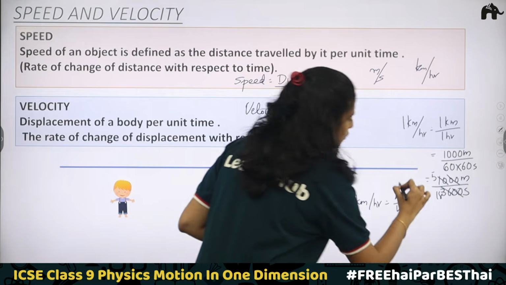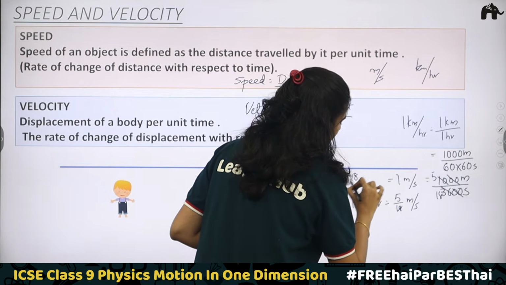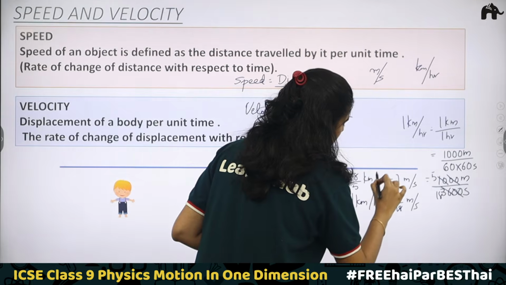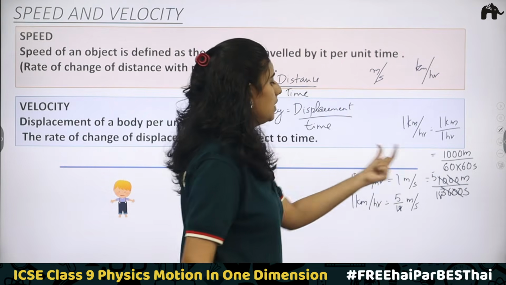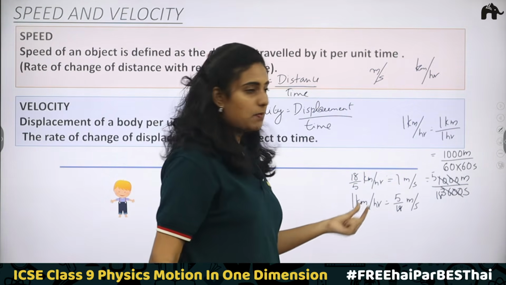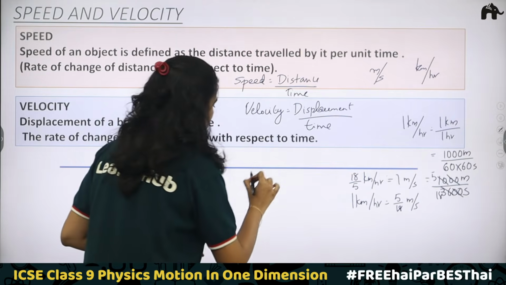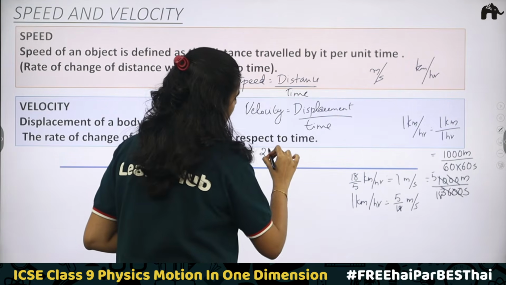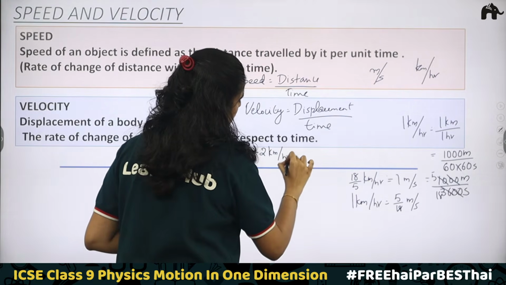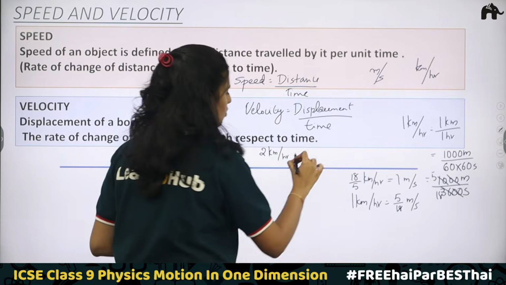So here you will be having 1 meter per second, and here you will be having 18 by 5 kilometer per hour. If you are asked to convert meter per second to kilometer per hour, you have to multiply with 18 by 5. Okay. So if you have 2 kilometer per hour, if you are asked to convert this 2 kilometer per hour into meter per second, what is done?